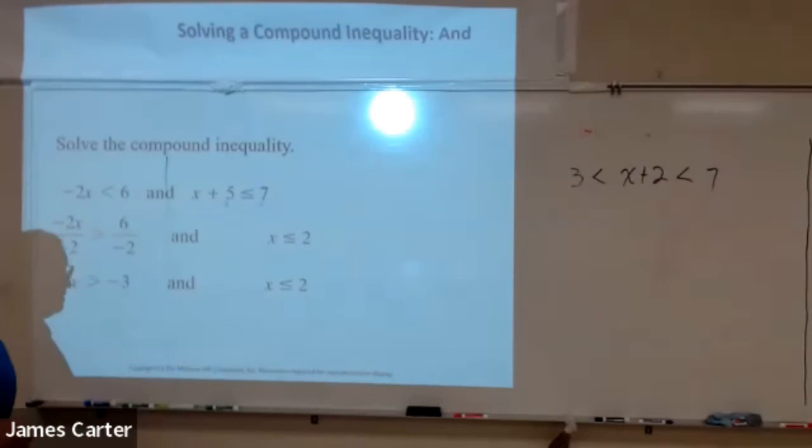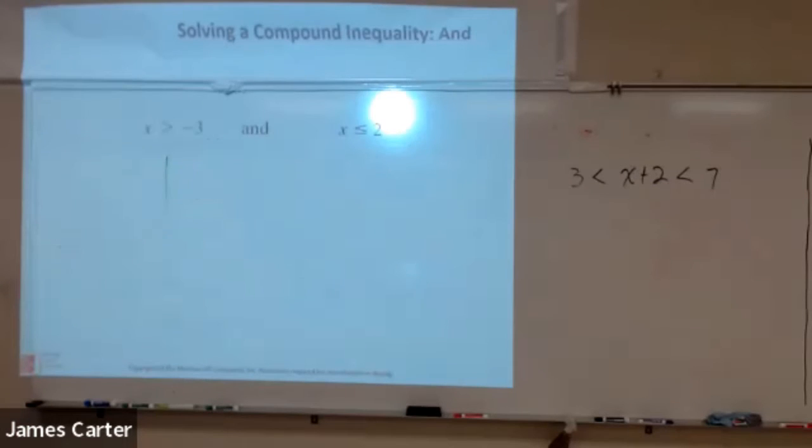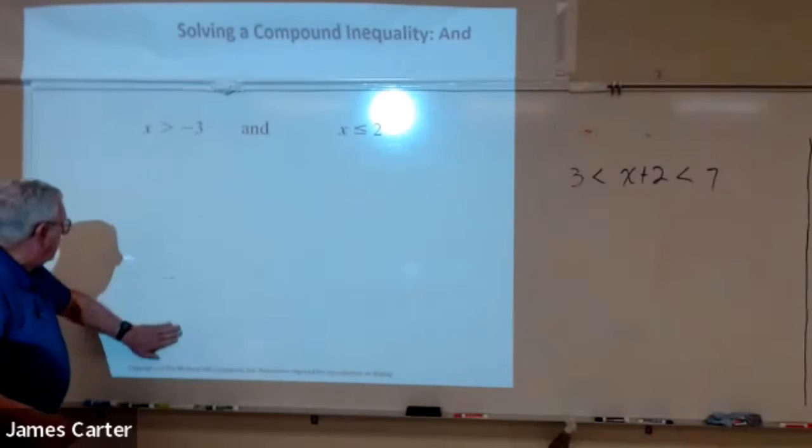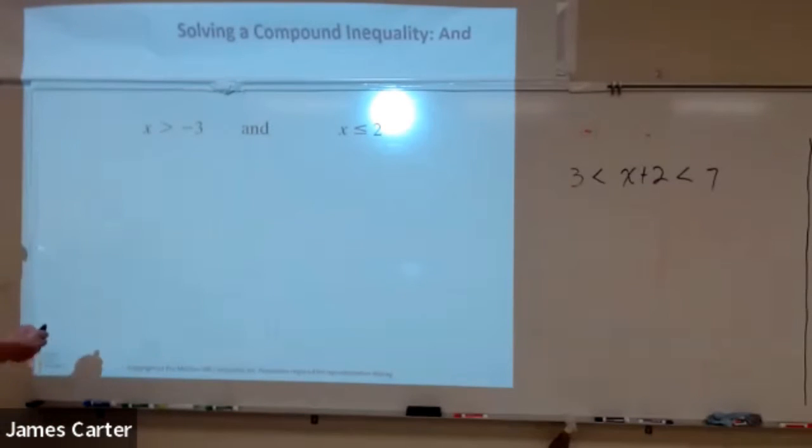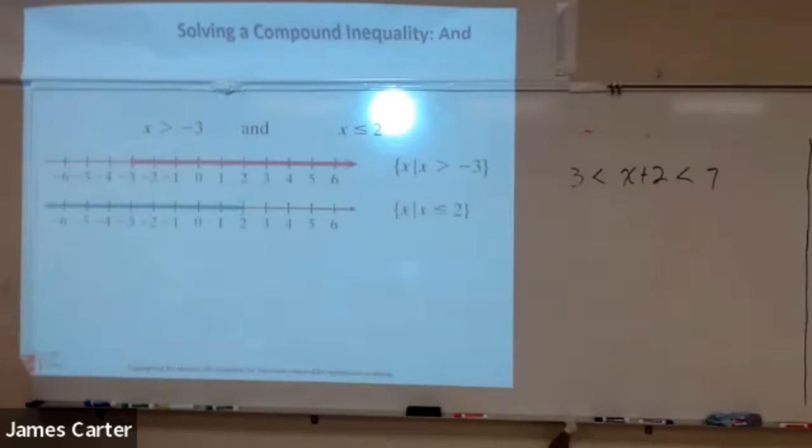So there's my second answer. Now, here are those two answers. There's the graph of the first one. And you wouldn't necessarily have to write that down. There's the graph of the second one.